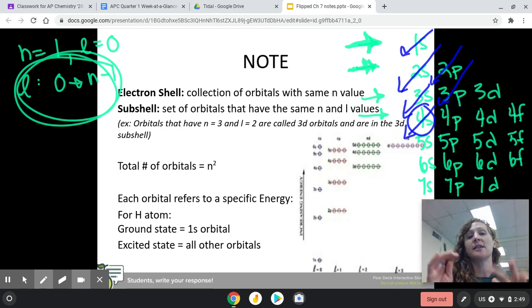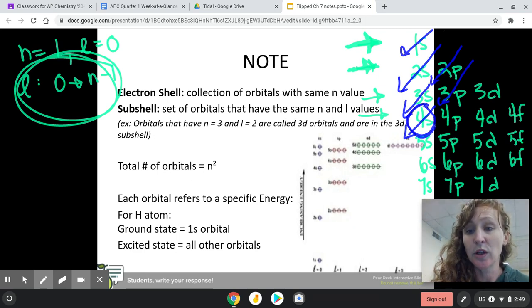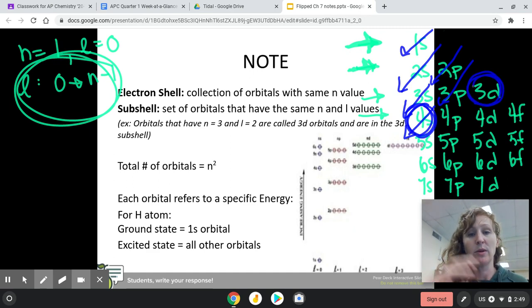And it does some things that we wouldn't necessarily think that it would do, like it's going to push the 4s to a lower energy level, and the 3d orbital is going to be pushed into a higher energy level.